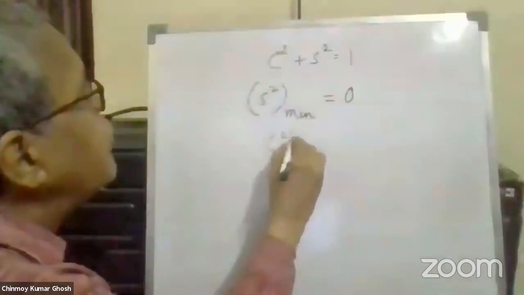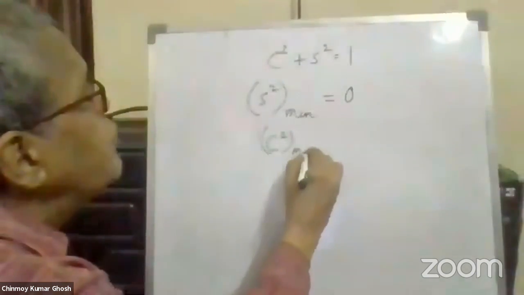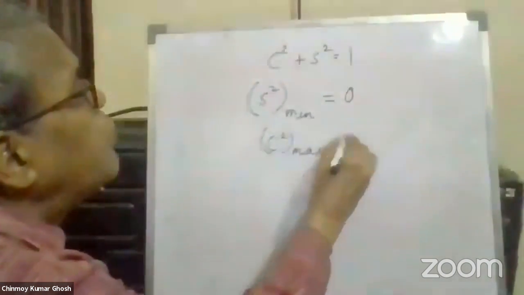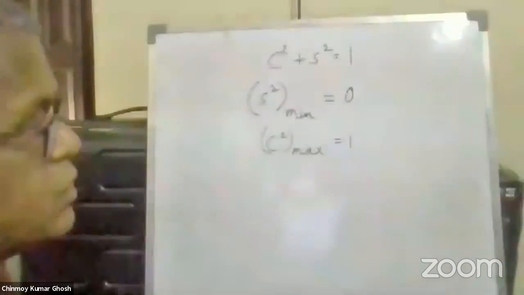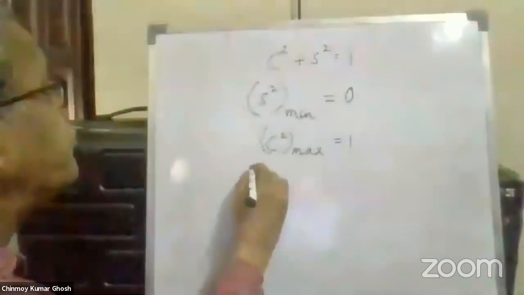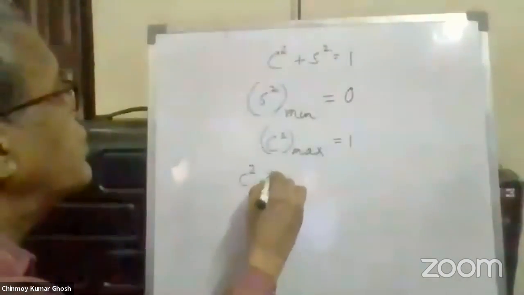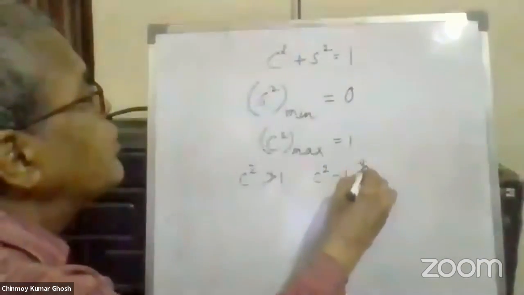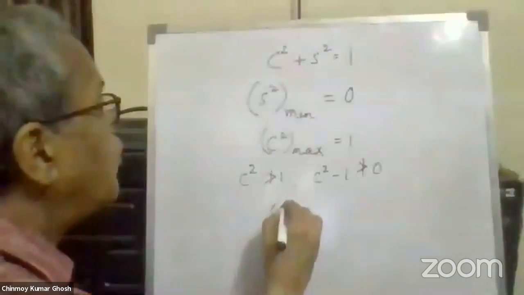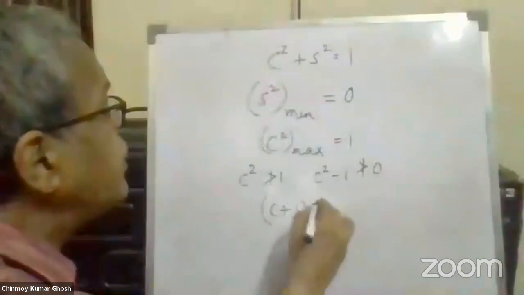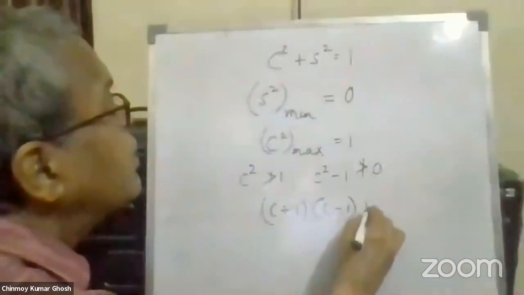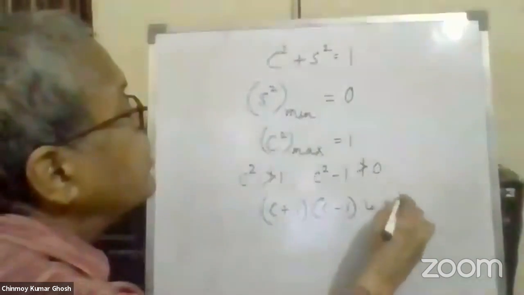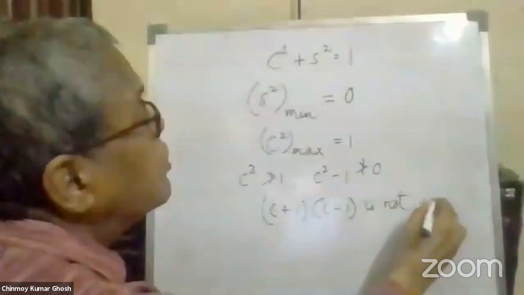So the maximum value of cosine square theta is equal to +1. And therefore, c square is not greater than 1, or c square minus 1 is not greater than 0, or c plus 1 into c minus 1 is not positive.